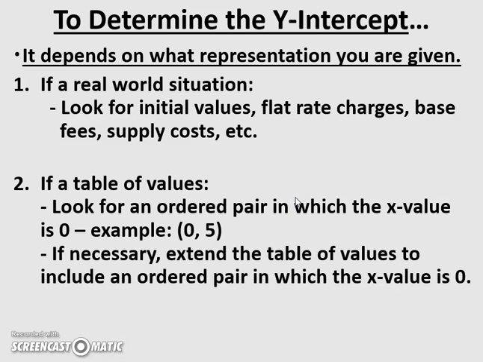If you're given a table of values, look for an ordered pair in which the x value is 0. For example, an ordered pair such as 0, 5. Not every ordered pair will contain the x value of 0, so sometimes it's necessary to extend the table of values to include an ordered pair in which the x value is 0.